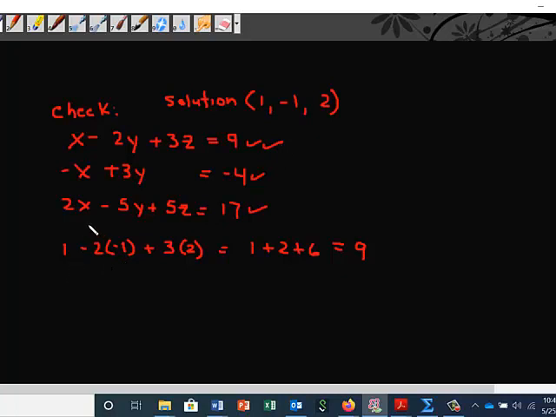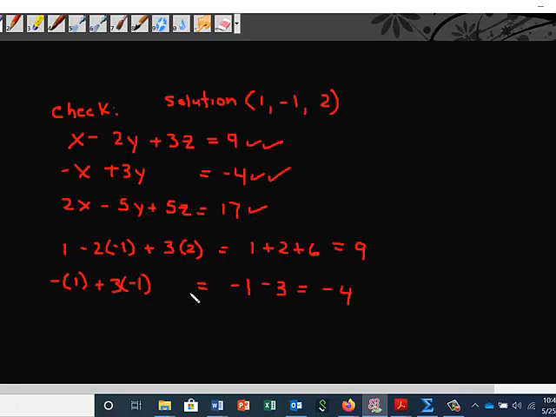And then if we do this one here, we have negative 1 plus 3 times negative 1, right? Which is equal to negative 1, minus 3, and what do we get? Negative 4. So that's proven to be correct.